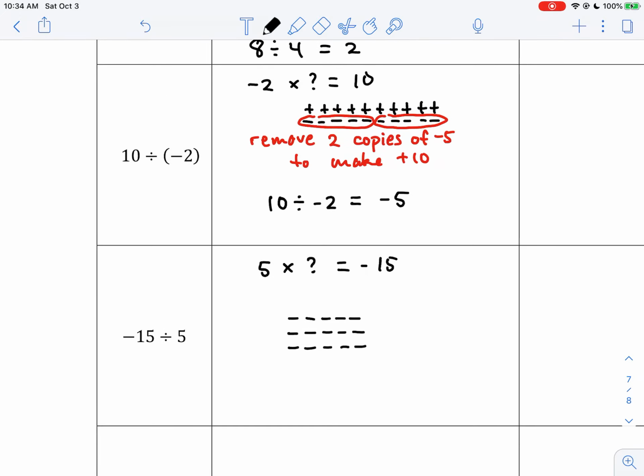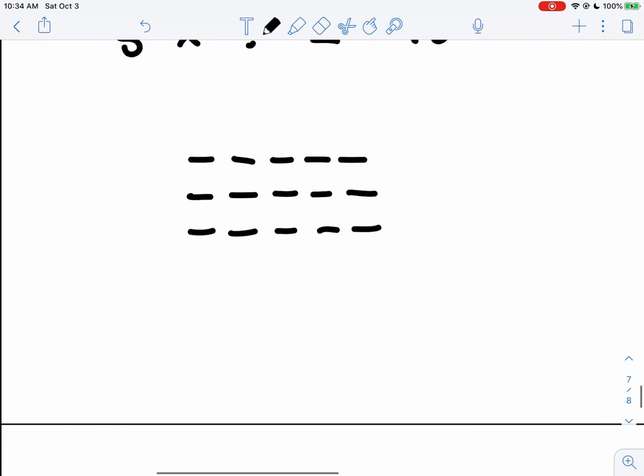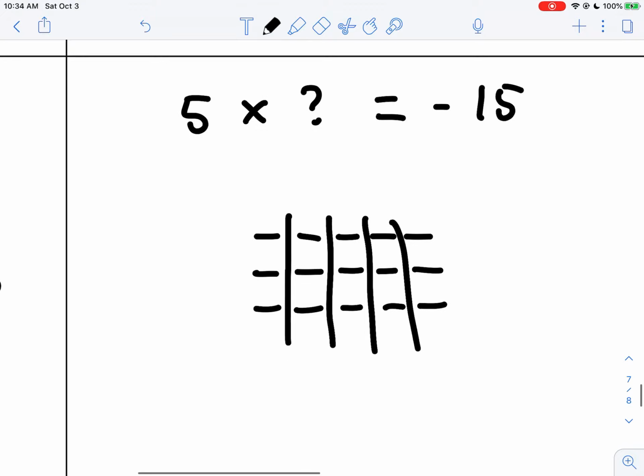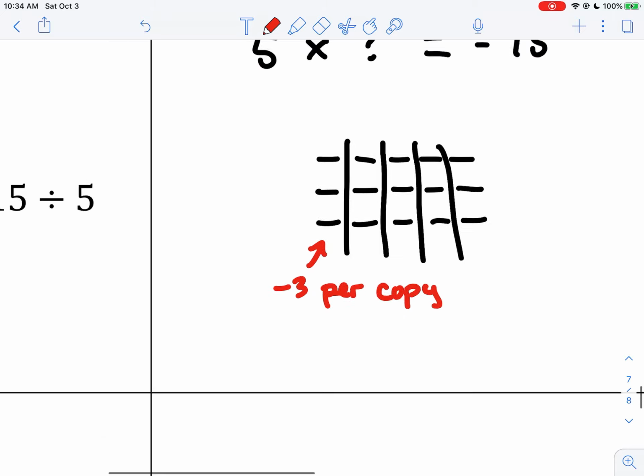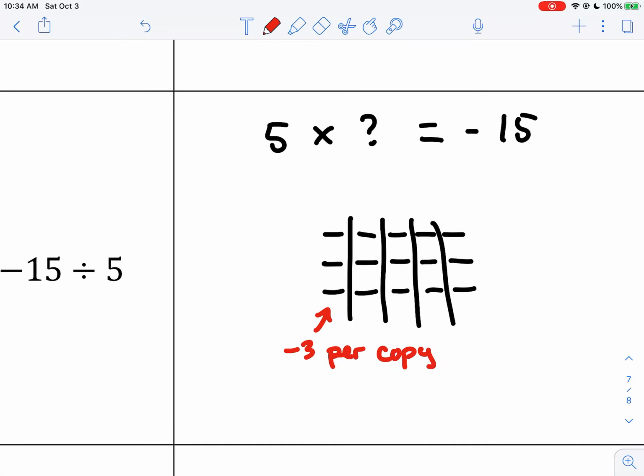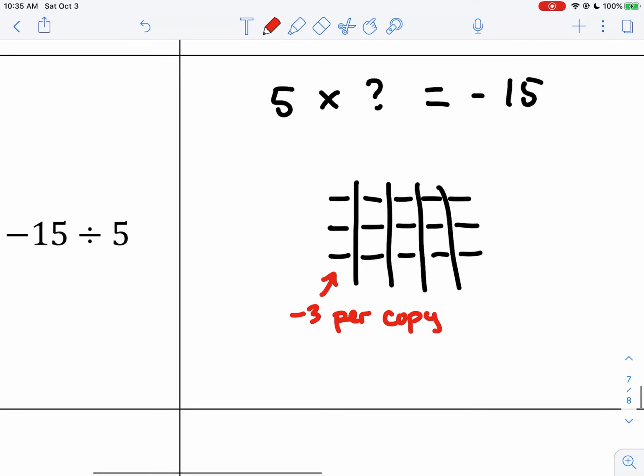And you can see that if we break this into 5 groups, essentially, zoom in here. We can see that there's negative 3 per group, per copy. Each column is a copy. Negative 3 per copy. So if I combine 5 copies of negative 3, then I'll have negative 15.